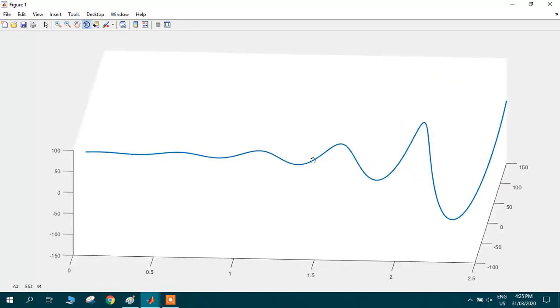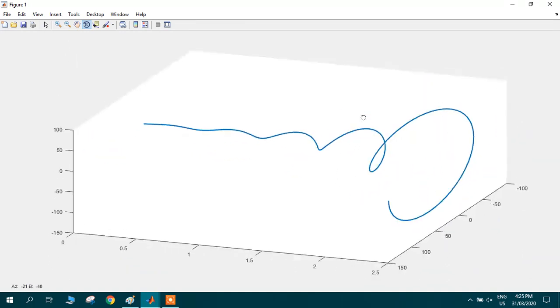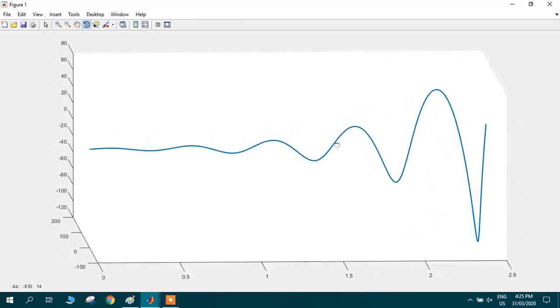As we have also seen in the plot of the real exponential function, with a positive value of sigma, it grows exponentially. Similarly, in the complex exponential function plot, it's also exponentially growing.